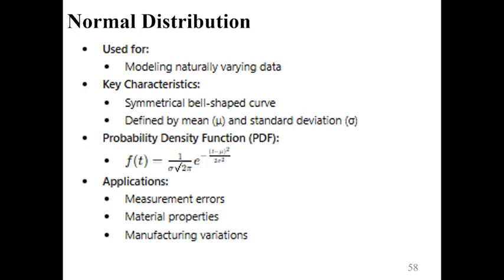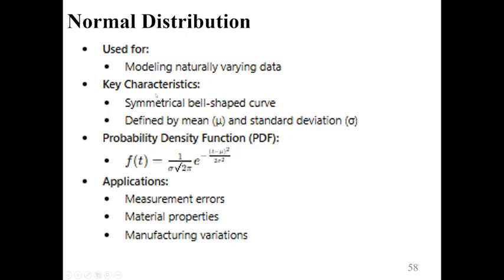Another distribution function is the normal distribution, also known as the Gaussian distribution, and it is one of the most fundamental probability distributions used in reliability and statistical analysis. It is characterized by its symmetric bell-shaped curve, which is centered around the mean value denoted by mu and spread according to the standard deviation sigma.